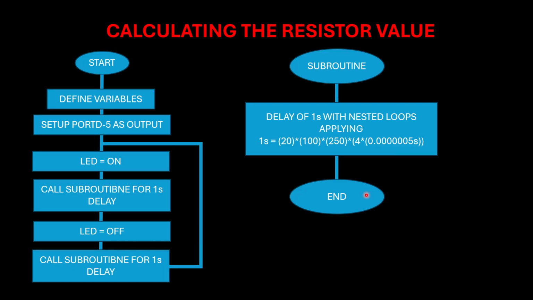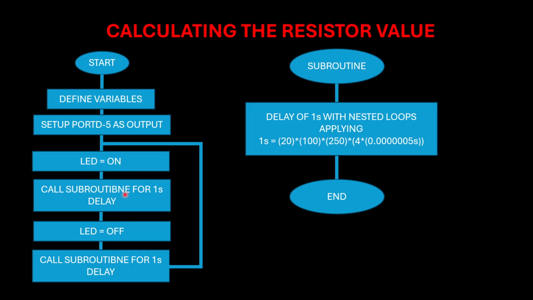Then the last step here, I put this visual aid. Basically, this is a high level flow diagram of what we're going to build. And then we have it step by step. First, we have to define the variables. Then we have to set up the port D pin 5 as output. Then we're going to turn on the LED.